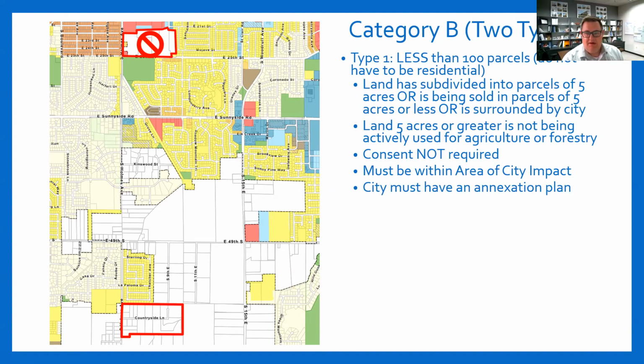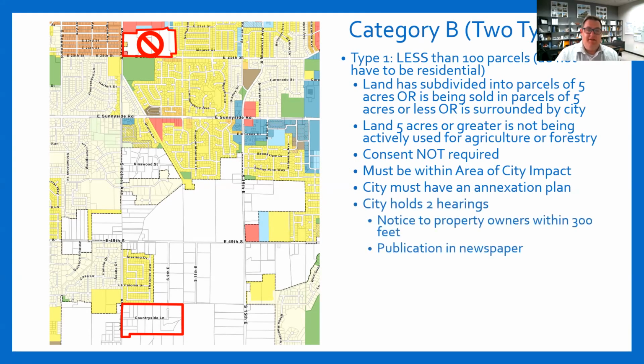So as it holds its hearings, again, we have our next difference between category A and category B. So with category B, the city still has to hold its hearings, but now it has to provide the property owners within 300 feet notice. It has to publish in the newspaper, and it has to do that notice earlier than it would for other types of hearings.